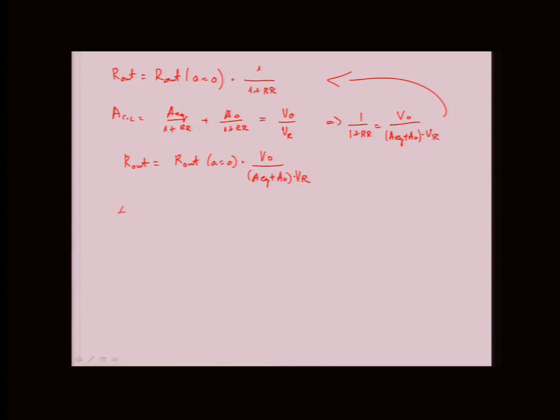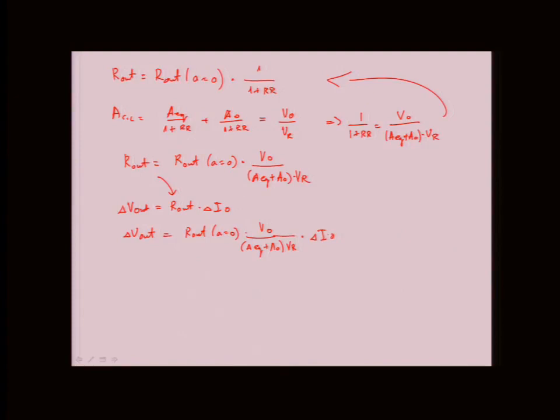So now we're looking at delta V out is R out times delta IO. So we're going to plug this in here and get the delta V out is equal to R out of A equals 0 times VO over A equivalent plus A0 VR times delta IO.